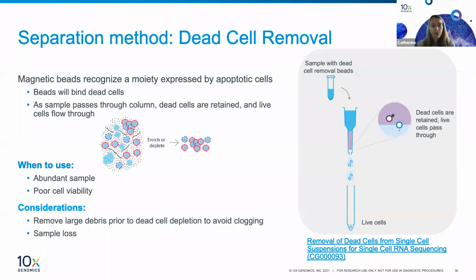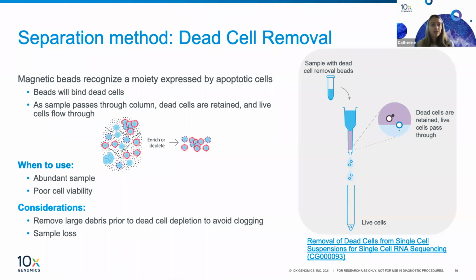So, separation method of dead cell removal. You can use various kits to remove dead cells, for example the Miltenyi kits, and we have a demonstrated protocol around this. You're basically able to bind magnetic beads to a surface protein expressed by apoptotic cells.